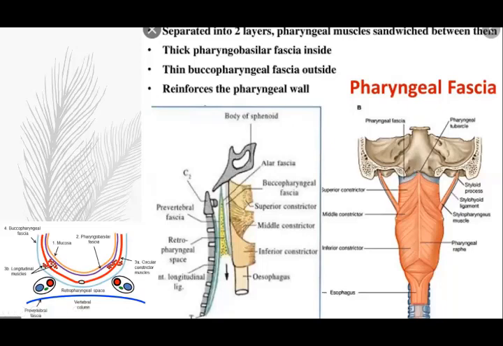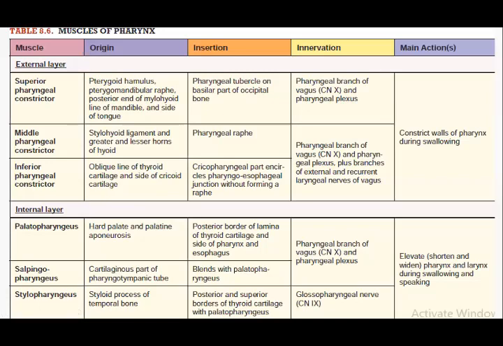This is the pharyngeal tubercle where the superior constrictor muscle of the pharynx goes and gets attached. ये middle constrictor भी, this also goes and gets attached in the pharyngeal raphe.